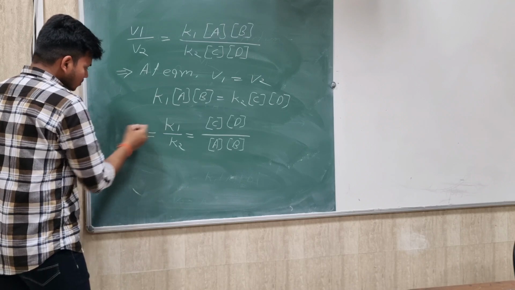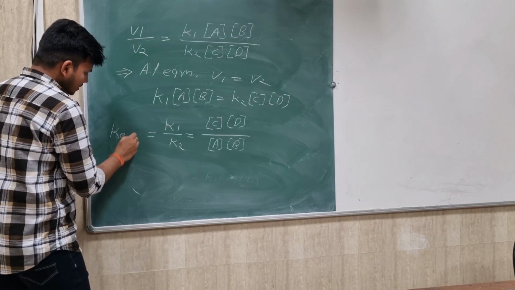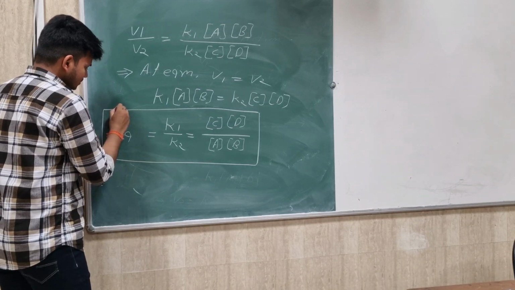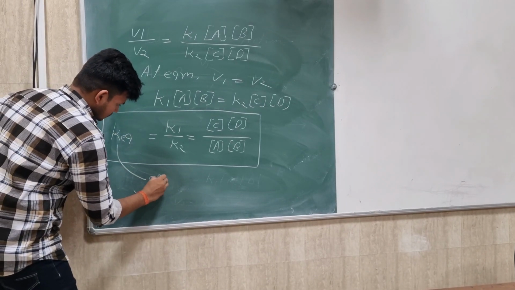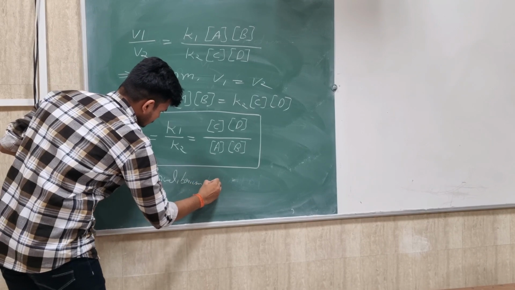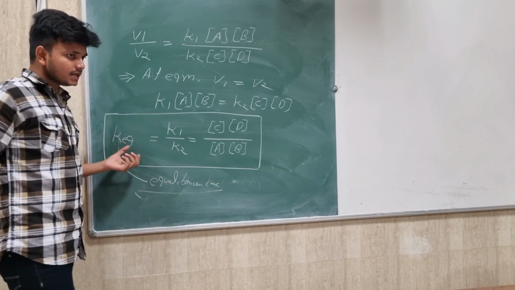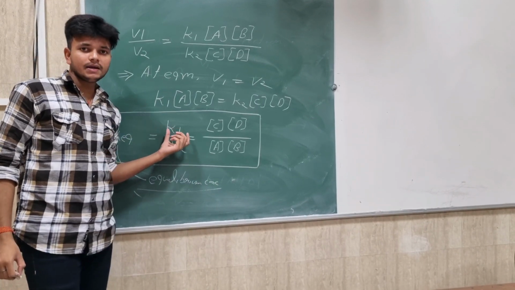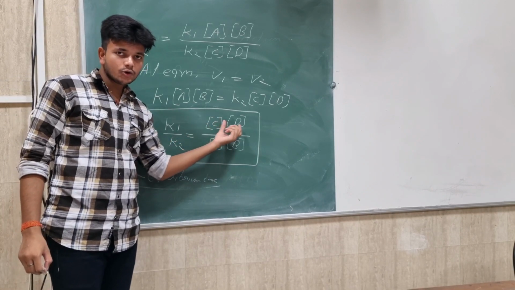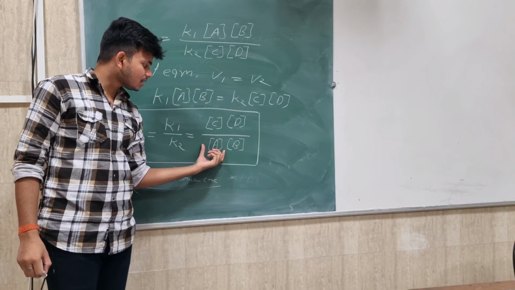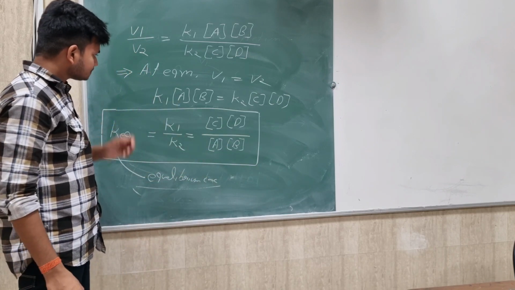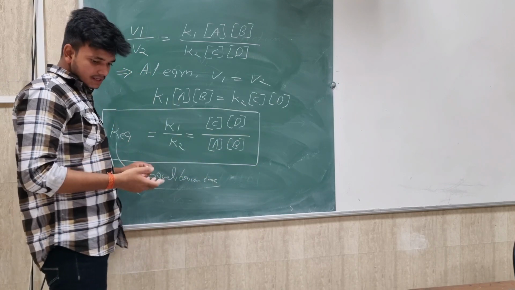We can also call it equilibrium constant. This is the equilibrium constant. We can say equilibrium constant is K1 by K2 or concentration of C into concentration of D divided by concentration of A into concentration of B. That's it. Then we can see the next step.